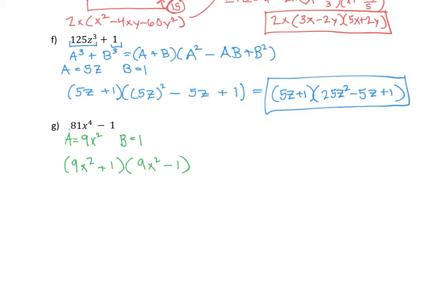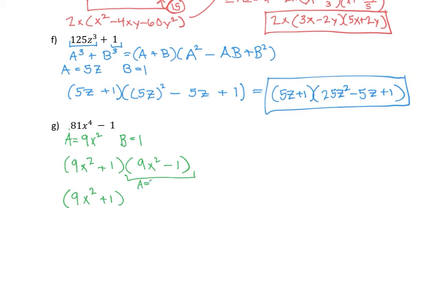The problem here, well, it's not really a problem, it's actually kind of exciting, is that we can factor this one even further. So when I can factor further, I always like to write the term that cannot be factored more first. And then I'm going to try and factor this 9x squared minus 1.